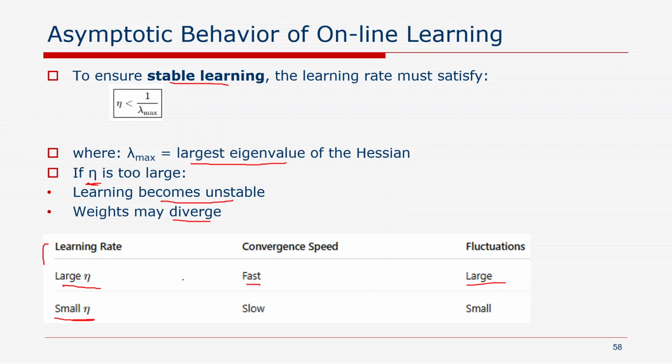For a small learning rate, convergence speed is slow, but fluctuations are also small. Therefore, we always have to balance the learning rate value; too small is also not good. If small learning rates are taken, convergence is slow but fluctuations are very small.